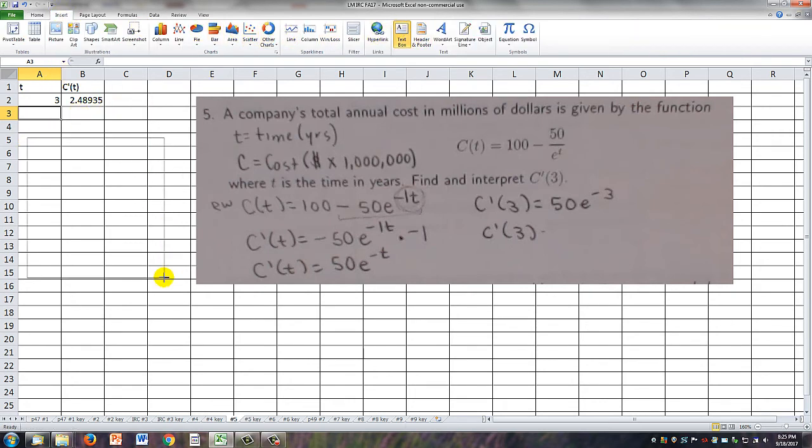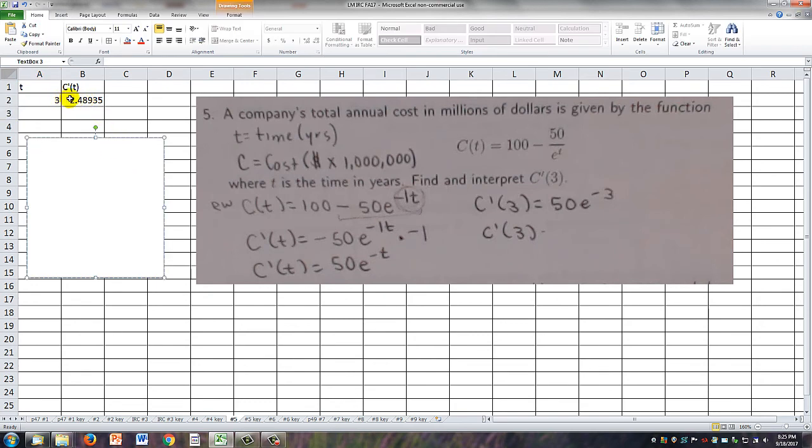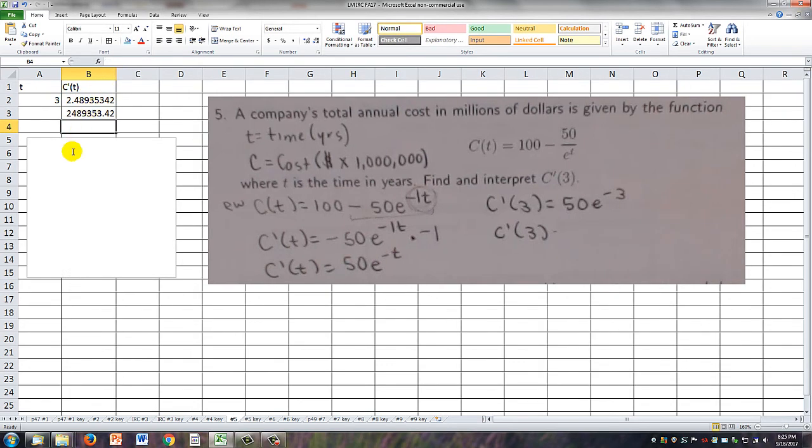So we got to make sure we're good with these units. This is the math numbers. This is time in years, 3 years. This is cost in millions. So let's go ahead and take this and multiply by 1,000,000. So we have that value. So now we can interpret. The instantaneous rate of change would be at 3 years. The function is the company's total annual cost.